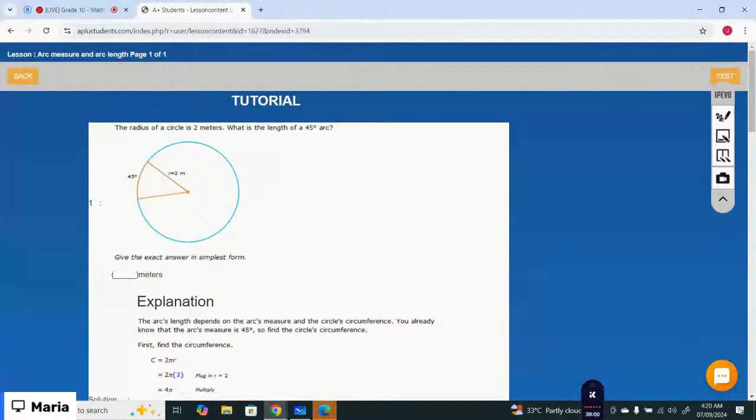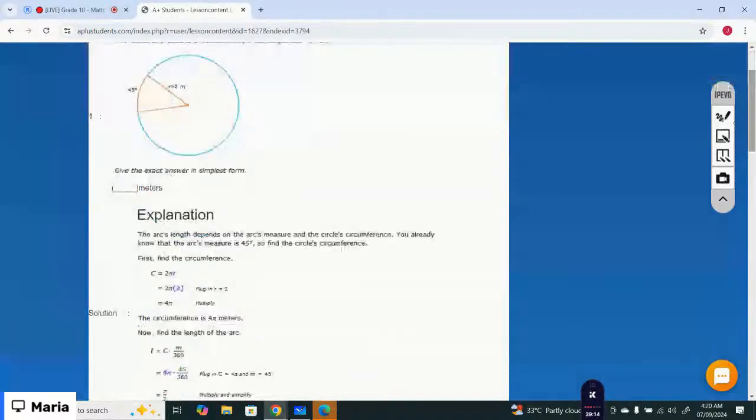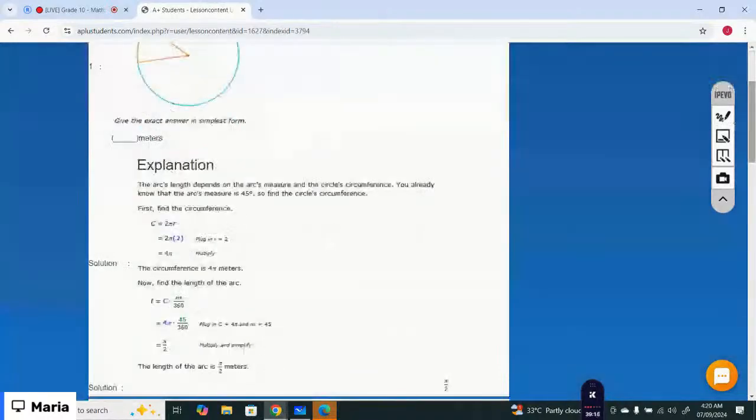So you are given an arc on the circle that has the angle measurement 45 degrees. You are given the radius is 2 meters, right? First thing is you need to find the circumference of the circle, right? The circumference is 2 pi r. So that is 2 times 2 is 4, that is 4 pi.